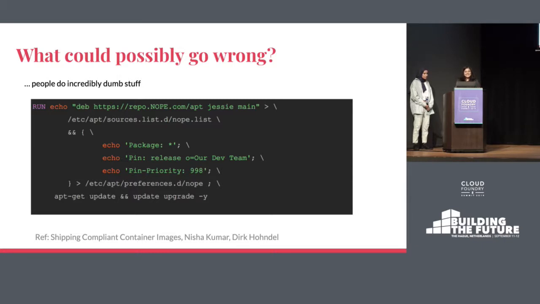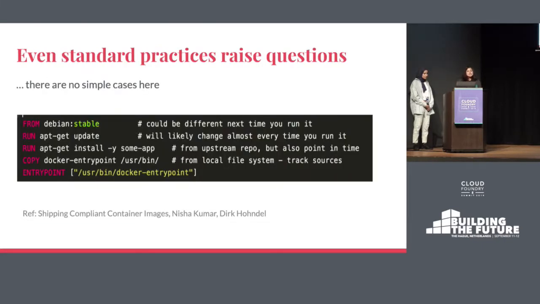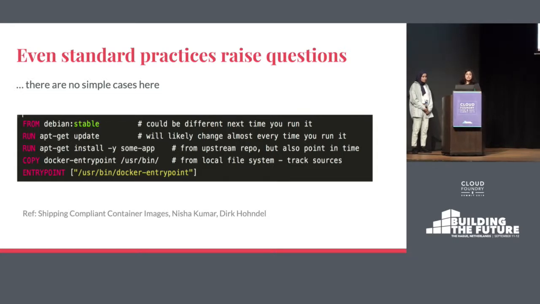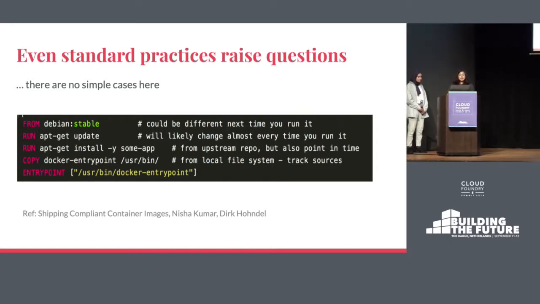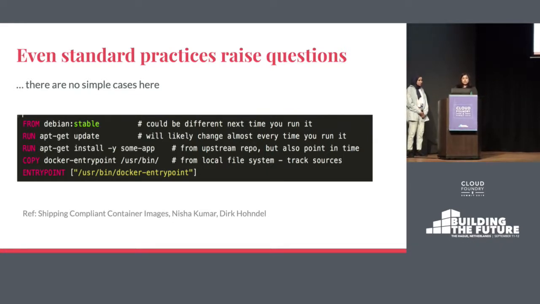You wouldn't know. So let's say you actually followed the standard practices. Let's say you had a container which is getting the latest Debian stable release. It's updating all the packages. You're getting an app from somewhere and installing it, and you have some local copy statements as well. All this is fine, but every time you run it, it's going to be different.